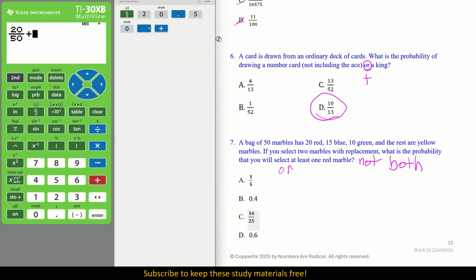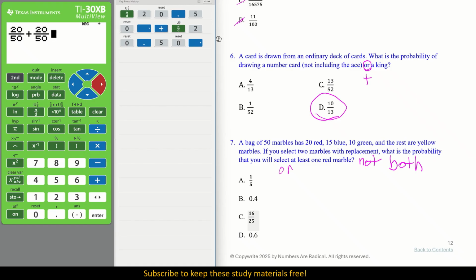Okay. Now we have another fraction. Again, that's 20. And we replaced, so we still have a total of 50. But now what's going to happen? Well, it says not both, or the implication is at least one, but not both. You have to remember that. Okay.